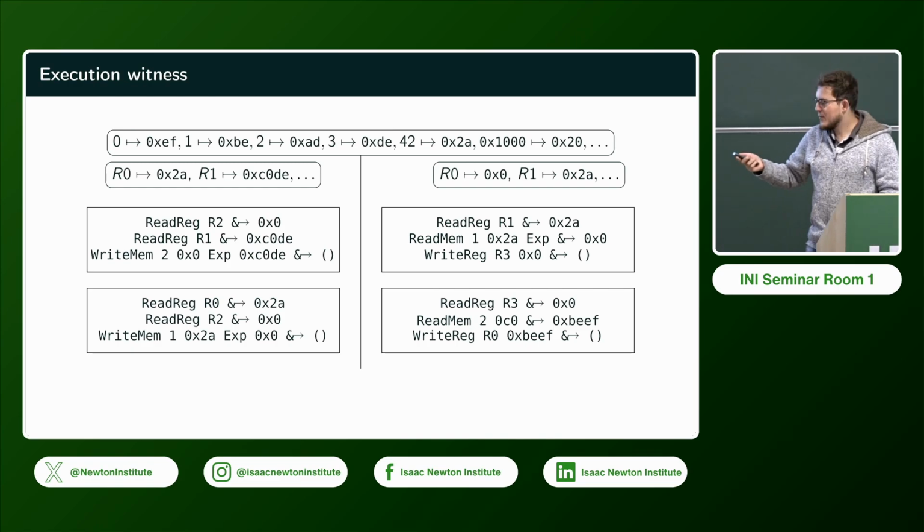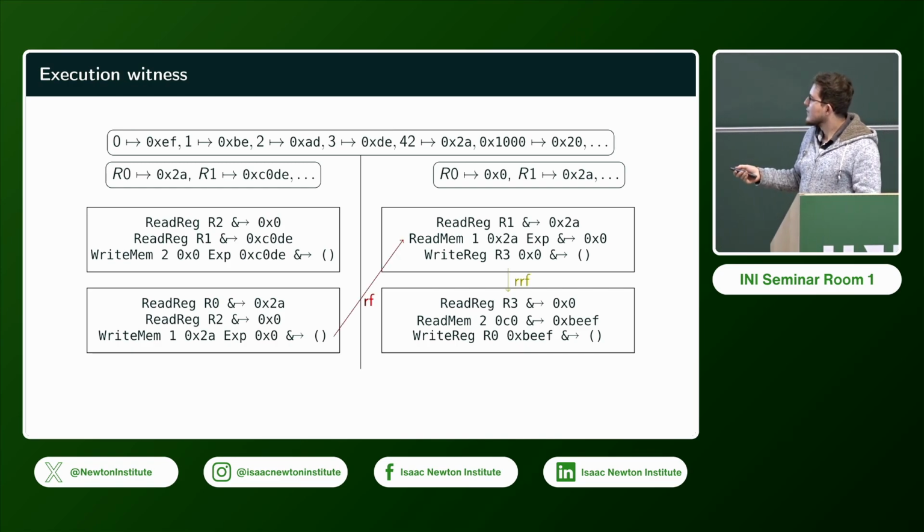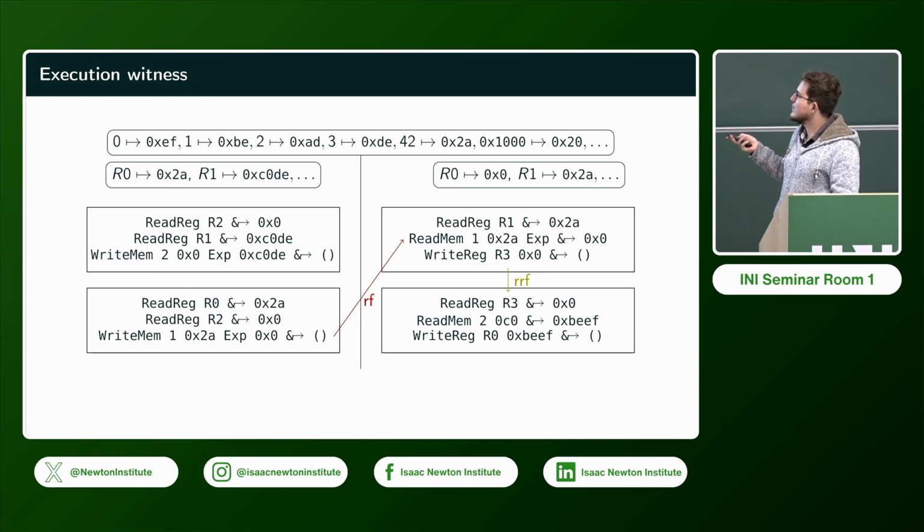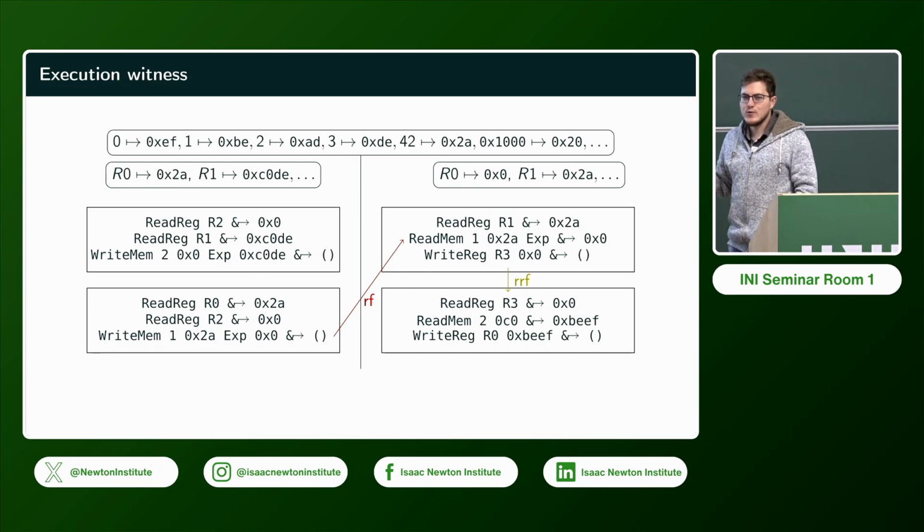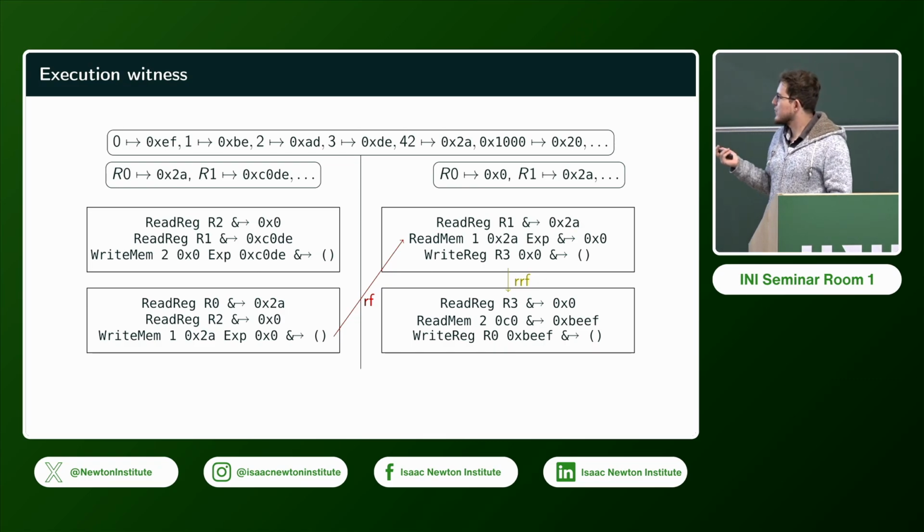And then you can go back to the usual arrows of saying that this write memory has been read by this read memory and putting an arrow between those events. And then some arrows people are less used to, about this register reading from this register write, which is a similar kind of arrow, except it's always in the same thread, of course.